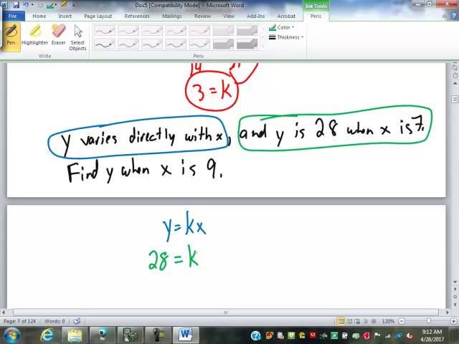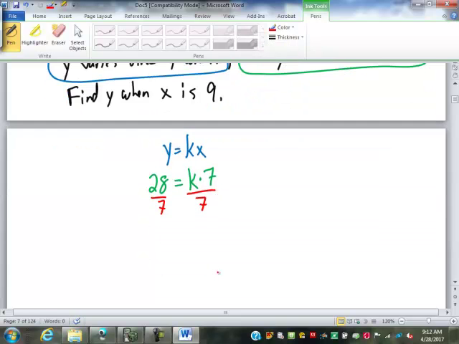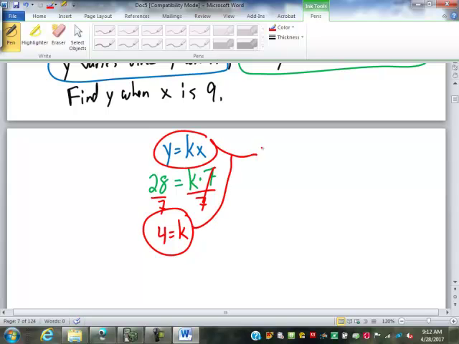For k times x becomes k times 7. I put 7 in for the x, and I can solve now for k. Dividing by 7, I get 4 equals k. So that tells me, again, my relationship is not just y equals k times x. It's y equals 4 times x.